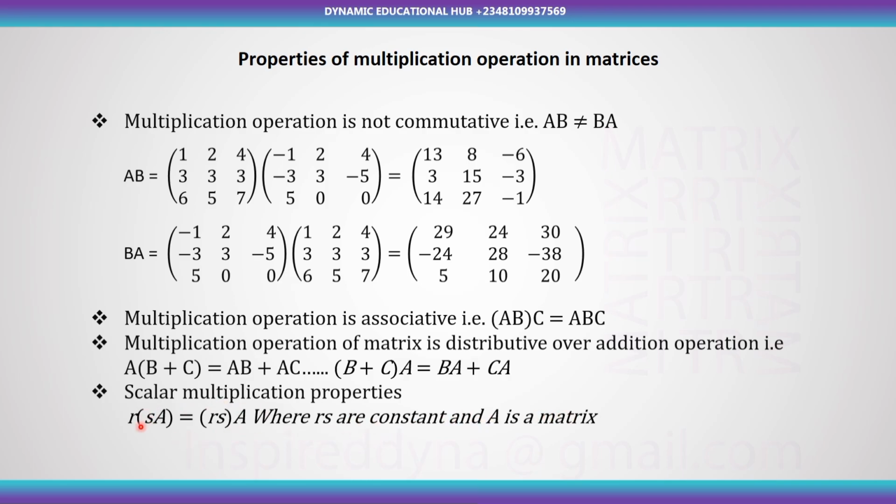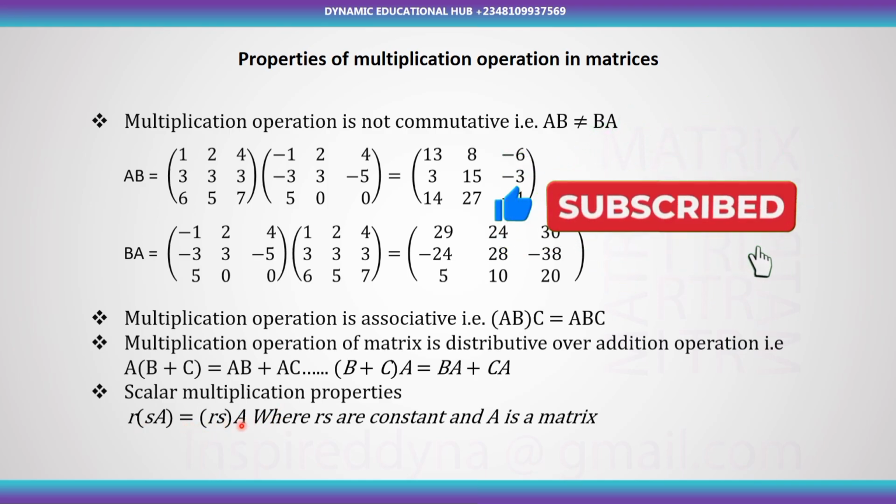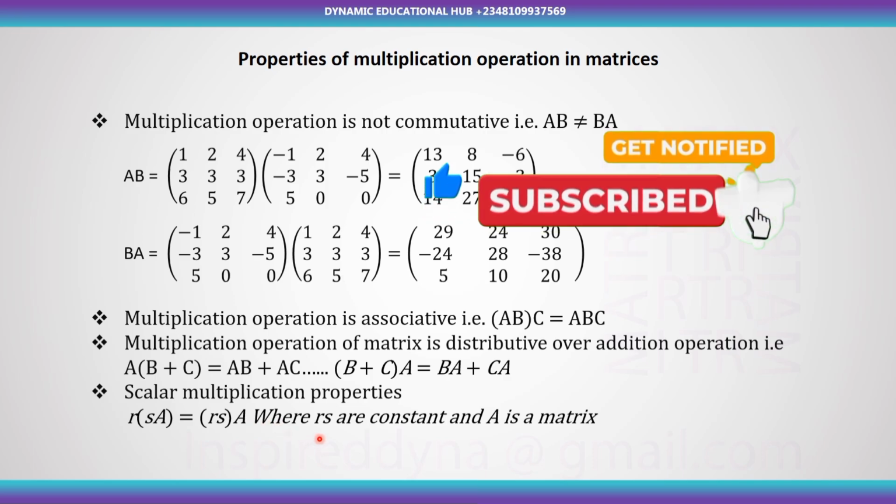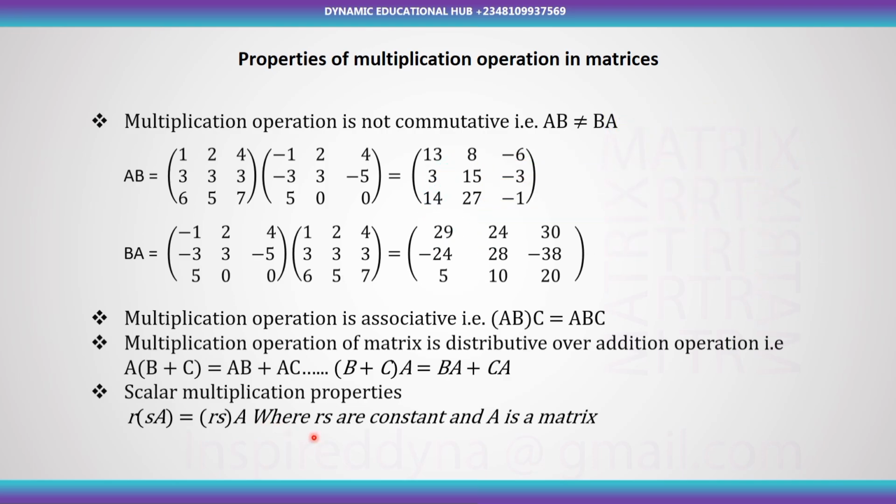When you have your matrix SA, a constant multiplied by your matrix A, and you also have another constant outside, you can simply multiply the two constants together before you multiply with your matrix, you still get the same answer. So that is that about the properties of addition operation in matrices, and properties of multiplication operation in matrices.